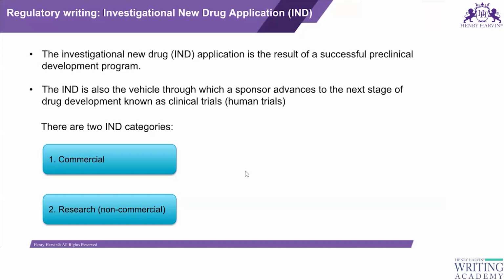The IND is also the vehicle through which a sponsor advances to the next stage of drug development, known as clinical trials or human clinical trials. There are two types of INDs, commercial INDs and non-commercial INDs.